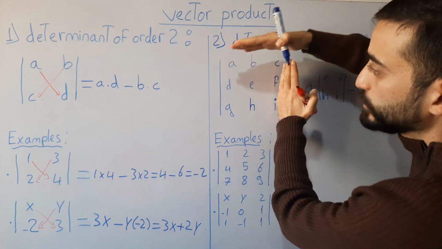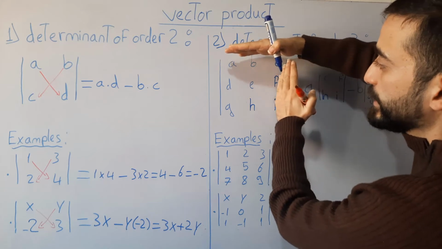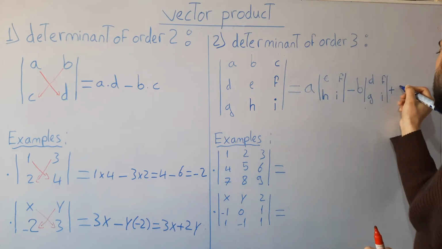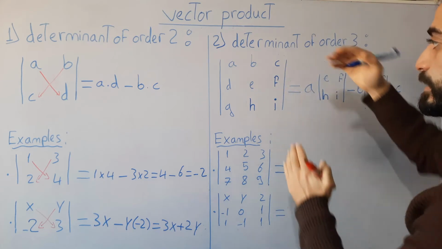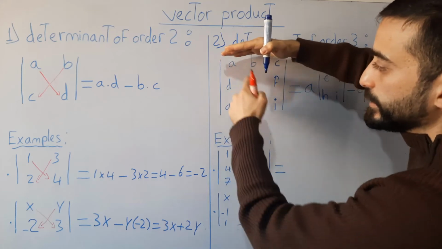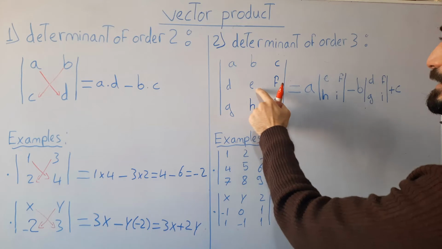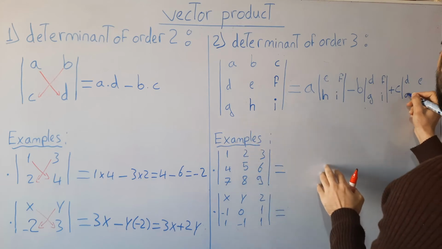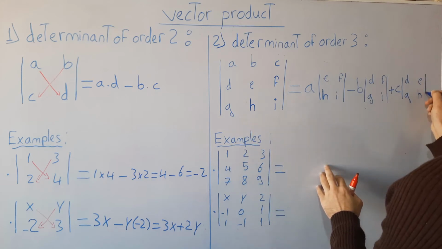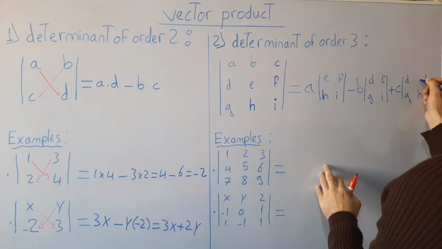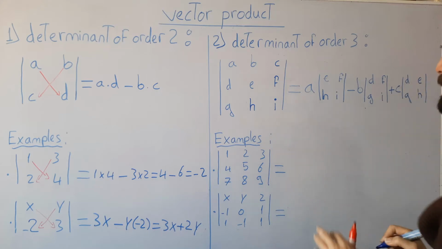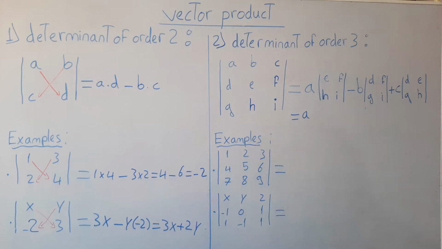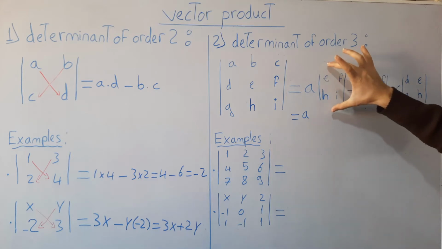The intersection between first row and third column is C. So we put it here, C. What remains is determinant of order 2, D, E, G, H. So it equals A times this determinant of order 2.